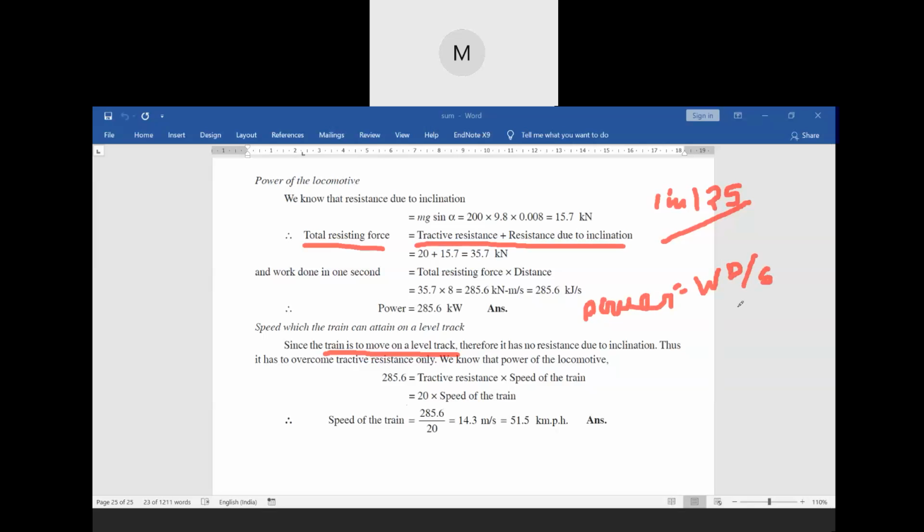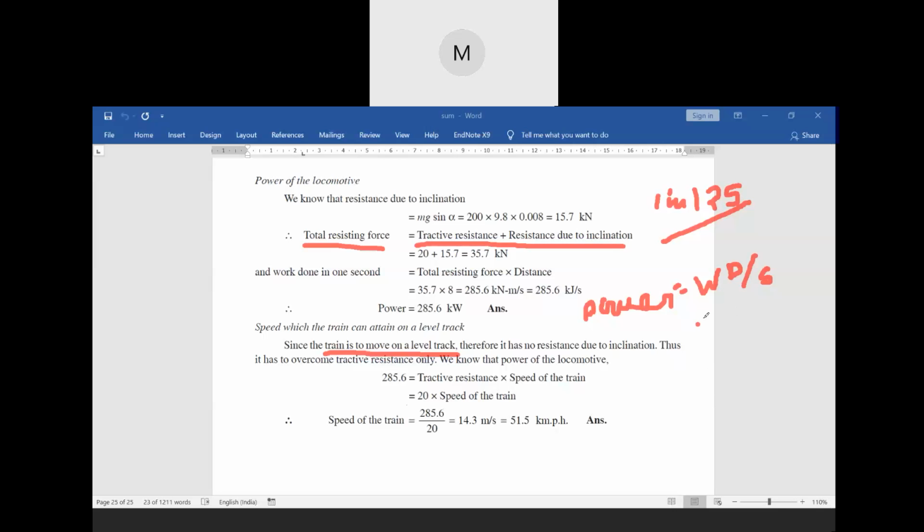If power is work done per second, then for finding out the effective force or total resisting force, which thing can we omit?